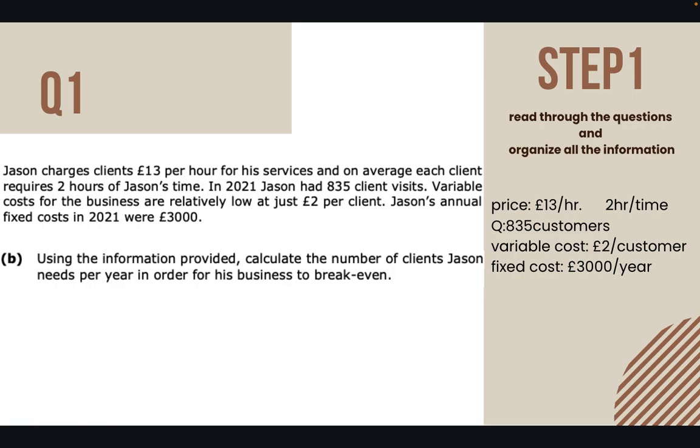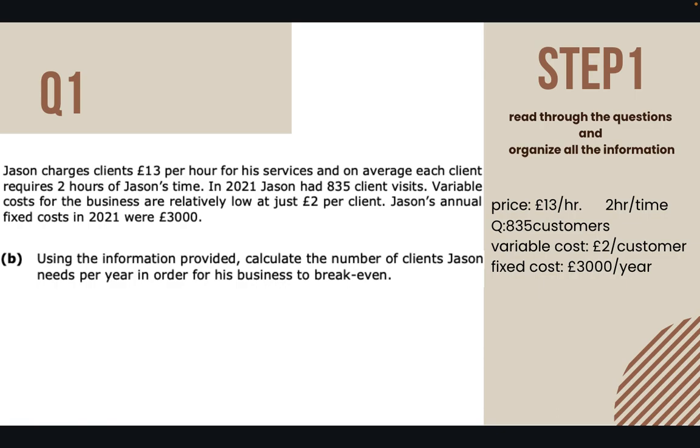So first step, we need to read through the question just like what I have done and organize all the information. So the price is £13 per hour and 2 hours each time. The quantity is 835 customers.